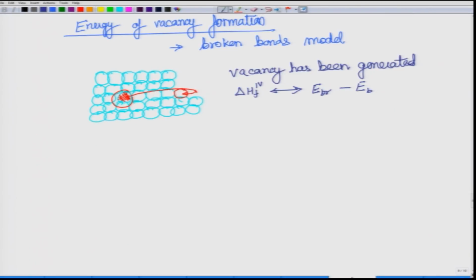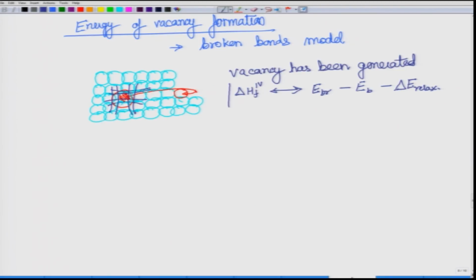Apart from this, there is also a relaxation term. Now, when we are talking about a vacancy over here, the atoms around it will not stay tight at their own place. There will be some relaxation like this. So, the atoms would move from their position a little bit, and this relieves the energy somewhat, and because of this there will also be some decrease in the energy, which can be termed as E relaxation.